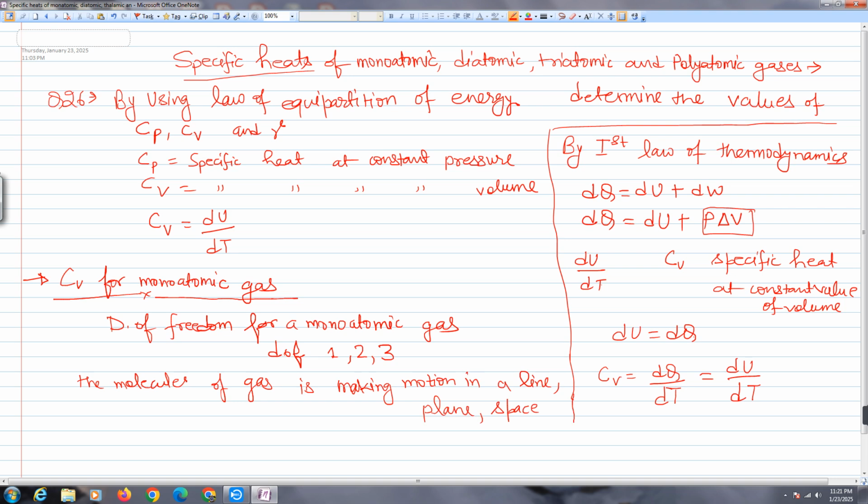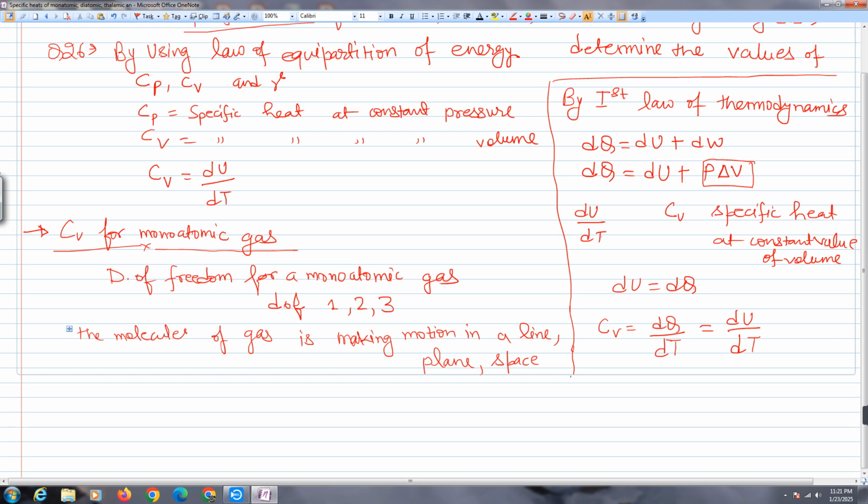If the molecule is moving in a line, the degree of freedom will be 1, and if the molecule is moving in a plane, the degree of freedom will be 2, and if the molecule is moving in space, the degree of freedom is 3.